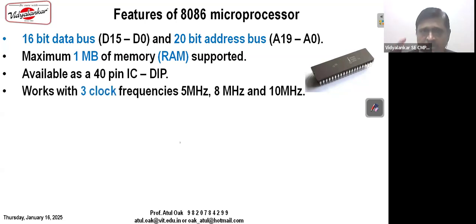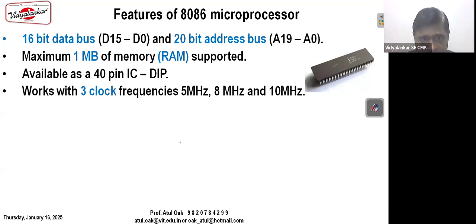Your microprocessor works with a heart called clock frequency. Okay, the heart of your microprocessor is the clock frequency. Why you need that clock frequency, you will understand in our next discussion. Estimated time is around 10 minutes.